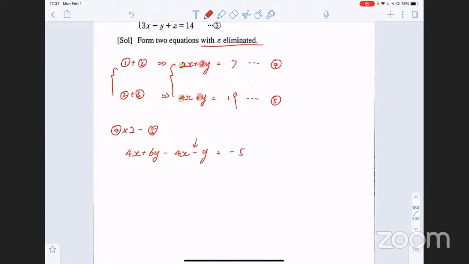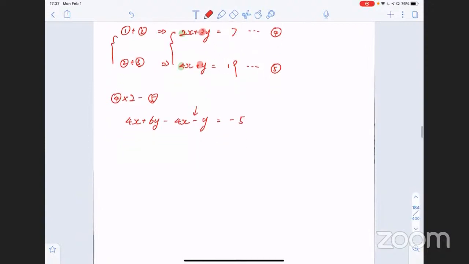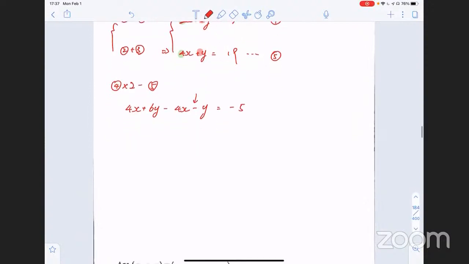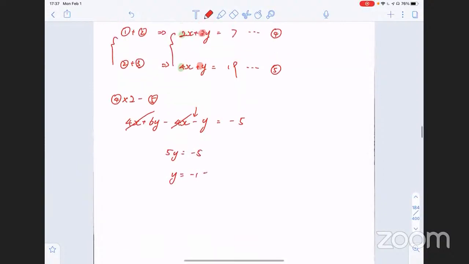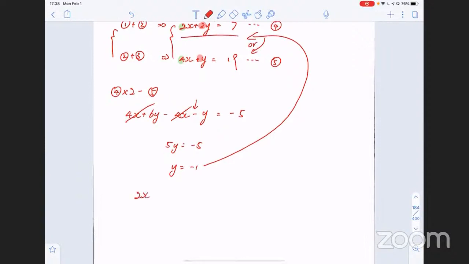I could actually use 5 subtract equation number 4 times 2. I'm just following the examples. Anyway, cancel that. I'm dealing with 5y equal to negative 5. Y is equal to negative 1. Substitute this back into this or that. I can do both. I'm definitely going with that, because that number is easier. 2x minus 3 is equal to 7. X is equal to 5.